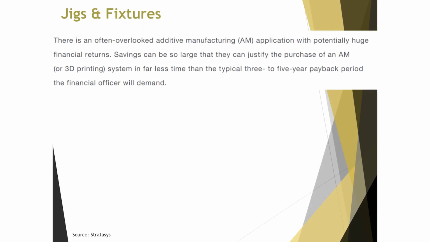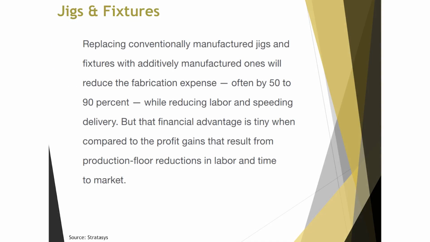So it says there's an often overlooked additive manufacturing application where you can have potentially huge financial returns. Even so much that you don't even have to use a service bureau. You can buy your own 3D printer and get a return on investment. This was a market study from Stratasys, which is a well-known 3D printing machine manufacturer.